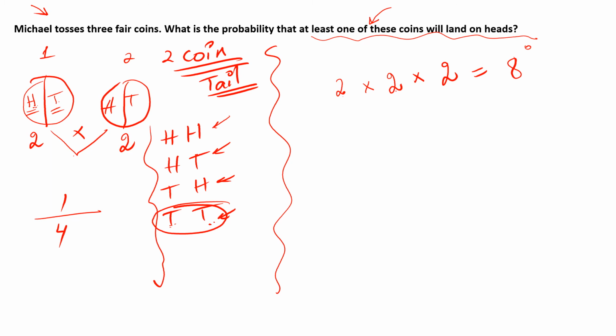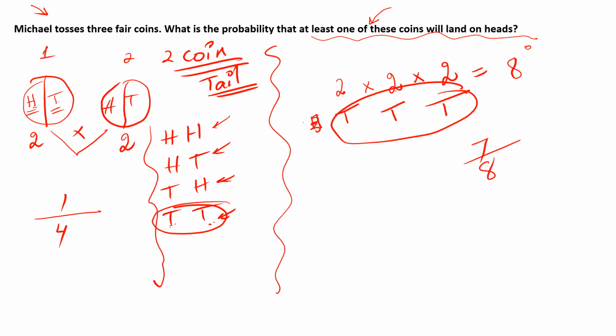It means you will get head at least one time. So what will happen, that is, if all land on tail, other than that, you will get at least one head, either on tossing the first coin, or the second coin, or the third coin. So except one, all are your answers. So the answer will be 7 over 8.